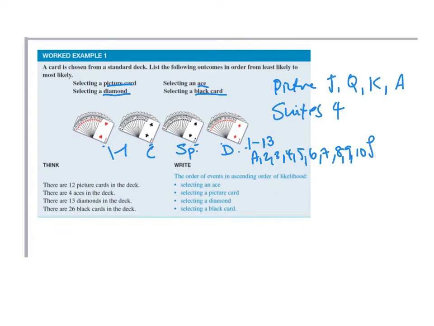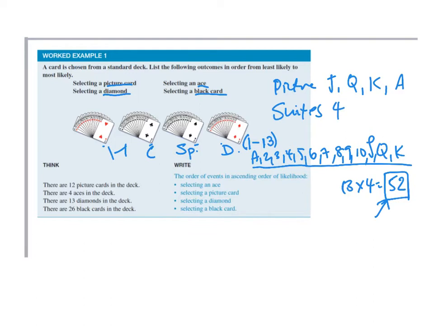Your Jack is your 11 if you play cards, and if you don't, this is just so you know: Jack, Queen, King. There are 13 of them in each suit, and 13 times 4 suits is 52 cards total. That's your total number of outcomes.